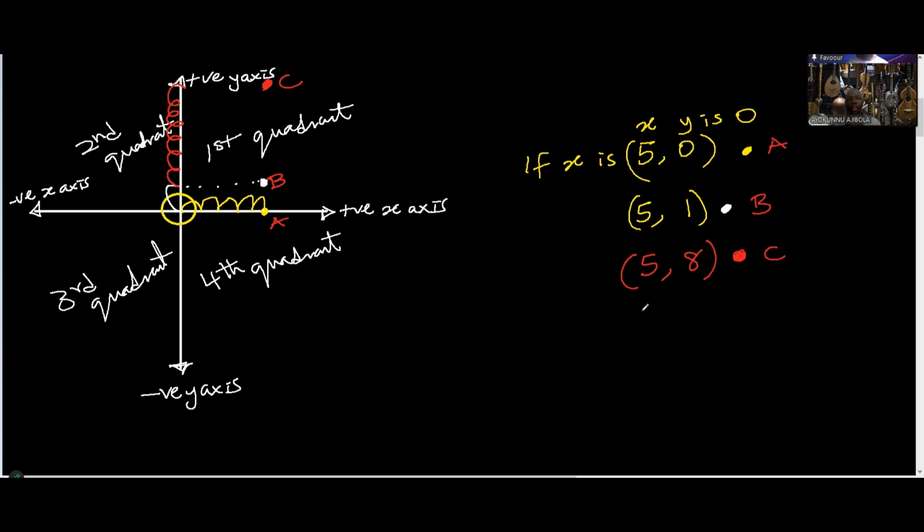Okay, what if x remains 5? Let me use that color now. If x remains 5 and y is now negative 3, that means we're counting y downward, not upward. So one, two, three.